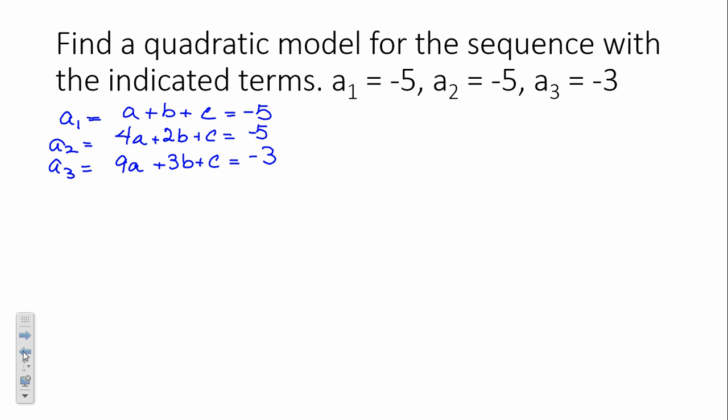Back to what we did yesterday, eliminating the variables. C is the easiest one to eliminate. So if I take a sub 3 minus a sub 2, I'll have 9a minus 4a, 3b minus 2b, c minus c, and -3 minus -5.